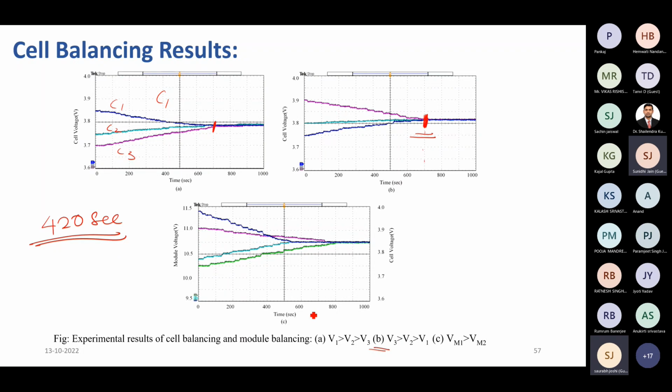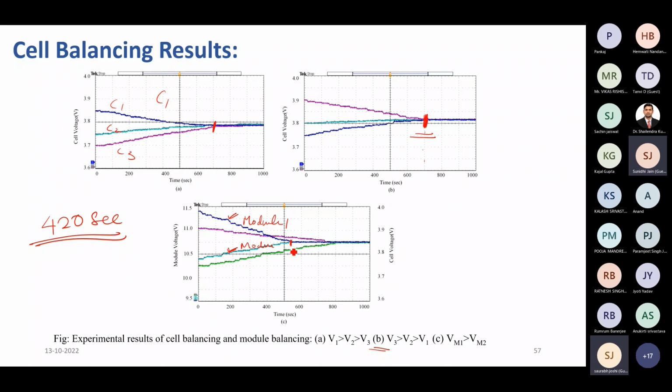And the third waveform shows a combination of both the cell and also the module. So first we are initially balancing, as you can see, the blue and this light blue one, where this is module 1 and this is module 2. We are initially balancing the module, and further inside each module, how many cells are balanced.